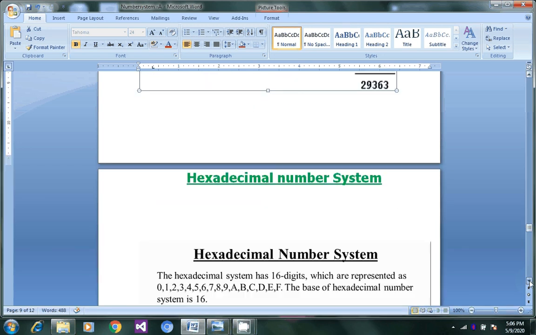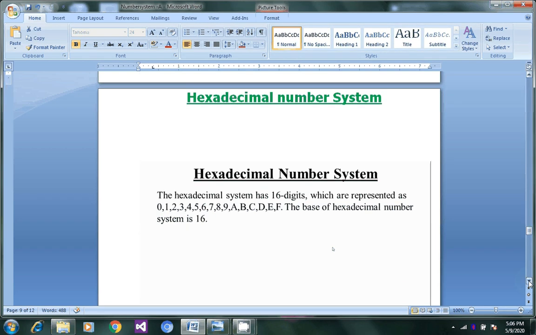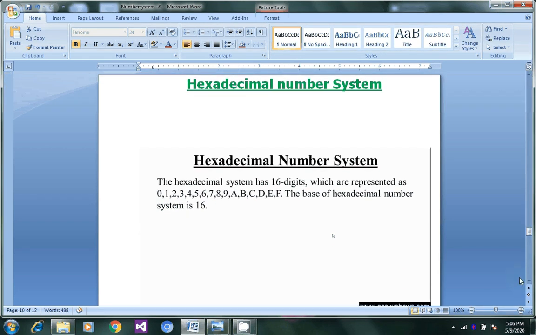Now the next number system is the hexadecimal number system. As we have discussed earlier in the previous video, the hexadecimal number system has 16 digits which are represented as 0 to 9, and from 10 to 15 it uses the letters A, B, C, D, E and F. The base of the hexadecimal number system is 16, and it also has a positional value system where each digit has its value expressed in the powers of 16.